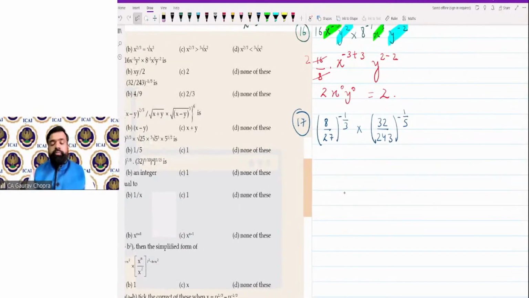Now you have to simplify this. You can write down the factors and then do the cancellation.